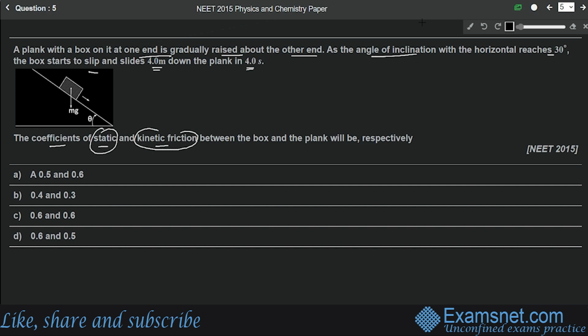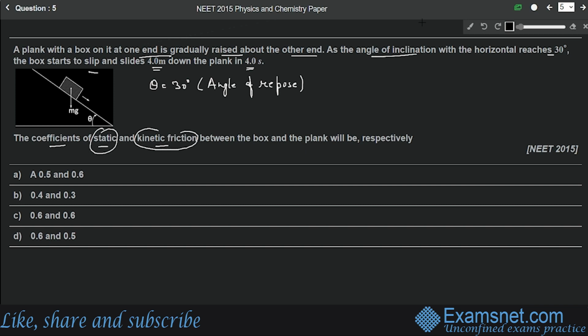So here it is given that as the angle of inclination with the horizontal reaches 30 degree, the box starts to slip. So before this, the box does not slip. Okay. So this is the angle of repose. Here the theta, that is 30 degree, is the angle of repose. Angle of repose is that angle at which a body is just at the point of sliding.